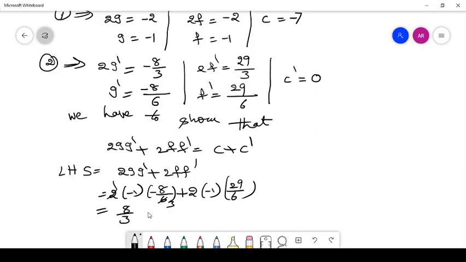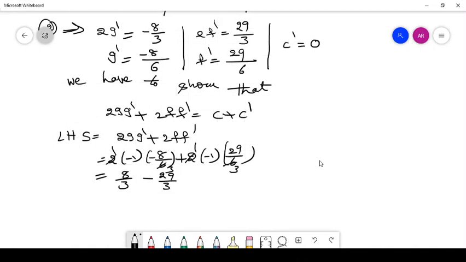Plus into minus becomes minus, again 2 1s are 2, 3s are, so that is 29 by 3. 8 by 3 minus 29 by 3, the denominators are equal, so just 8 minus 29, that is minus 21 by 3, 3 7s are 21, so LHS is equal to minus 7.